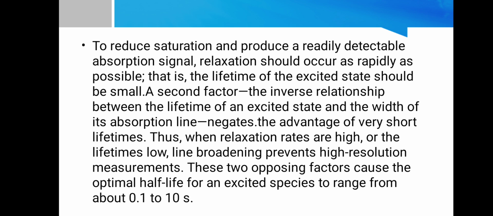That is, the lifetime of the excited state should be small. A second factor, the inverse relationship between the lifetime of an excited state and the width of its absorption line, negates the advantage of very short lifetimes. Thus, when relaxation rates are high or the lifetimes low, line broadening prevents high resolution measurements. These two opposing factors cause the optimal half-life for an excited species to range from about 0.1 to 10 seconds.